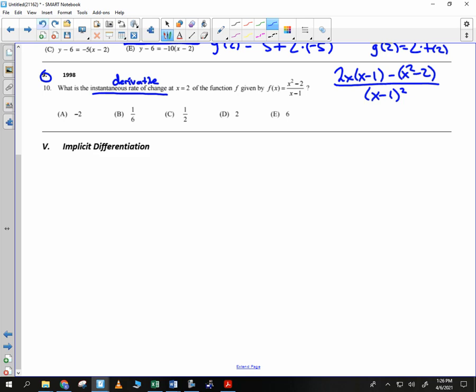What do I plug in for x? 2. 2 times 2 is 4. 2 minus 1 is 1. 2 squared is 4, minus 2 is 2. Divided by 2 minus 1 is 1, squared is 1. So I have 4 minus 2 is 2. 2 divided by 1 is dos, which is Spanish for 2. There you have it.